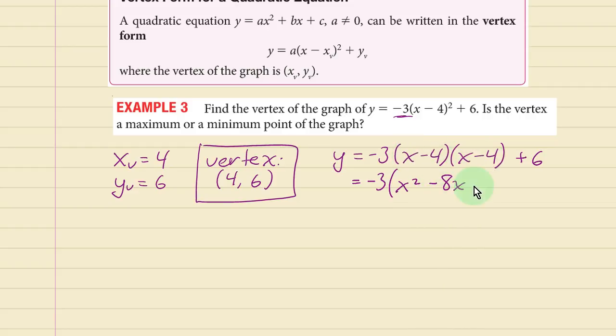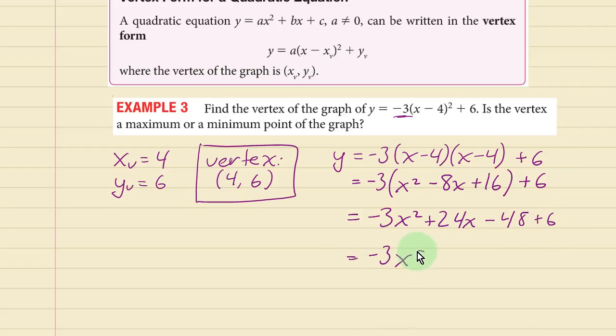And then -4 times -4 is plus 16. We got that plus 6. Then we can distribute the -3 into there. So you get -3x squared plus 24x minus 48 plus 6. And then you can combine the -48 and the plus 6, and that's also known as -42.